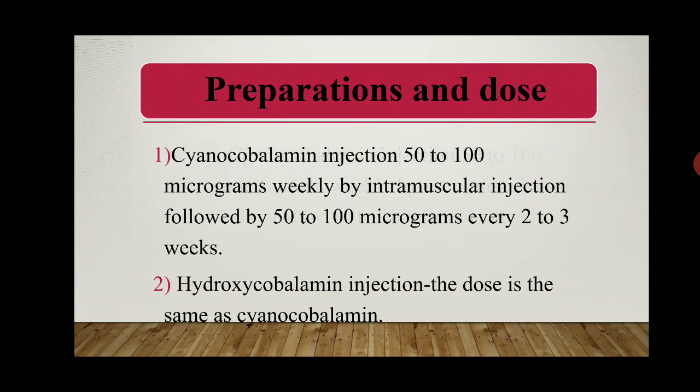Then preparations and doses of vitamin B12. Cyanocobalamin injection is available in doses of 50 to 100 micrograms weekly by intramuscular injection, followed by 50 to 100 micrograms every 2 to 3 weeks.